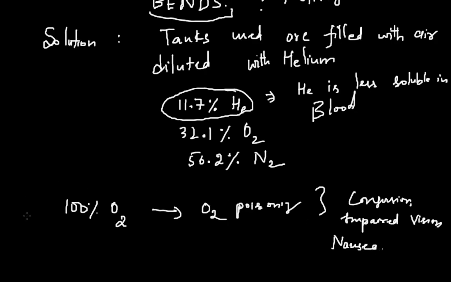So that is why we don't use 100% oxygen. We use an ideal ratio of how much the oxygen should be. So scuba divers use Henry's law in their tanks.